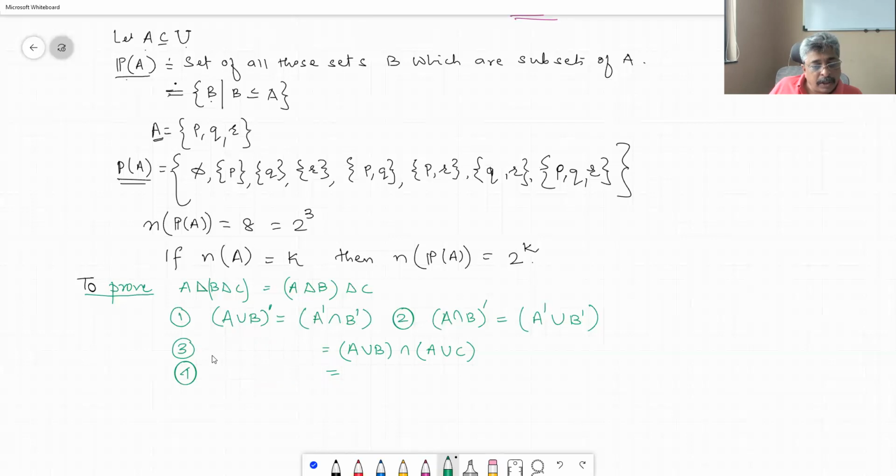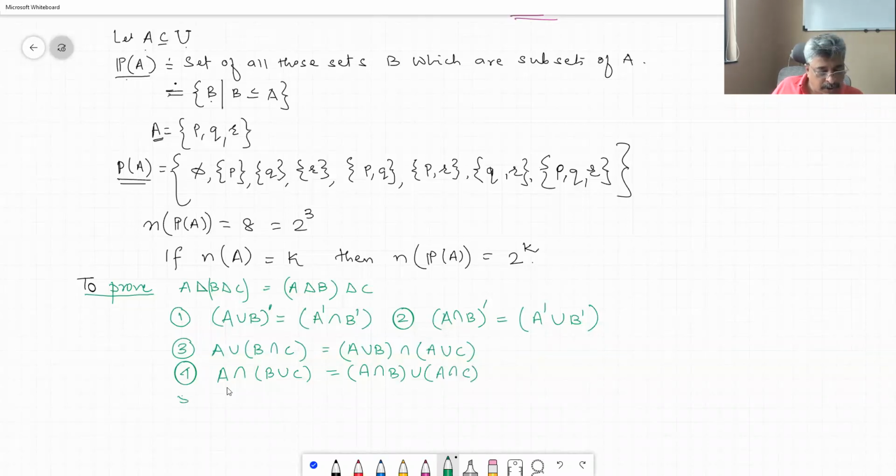A union B intersection C is equal to A union B intersection A union C. Then A intersection B union C is equal to A intersection B union A intersection C.